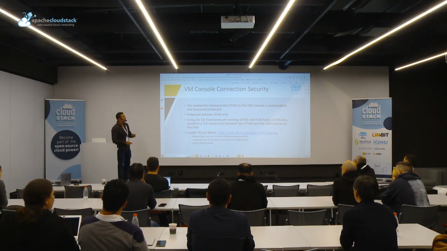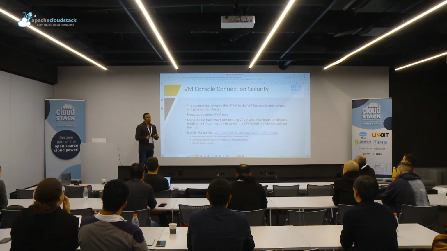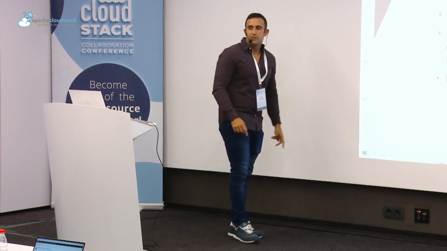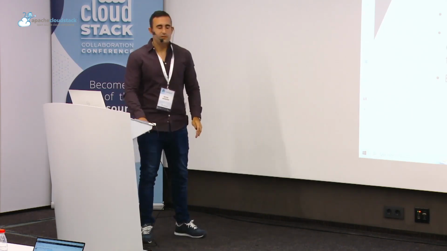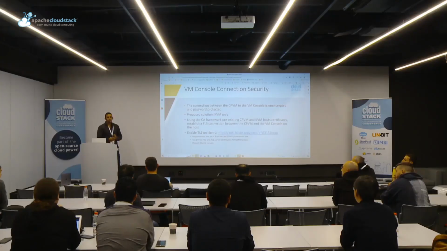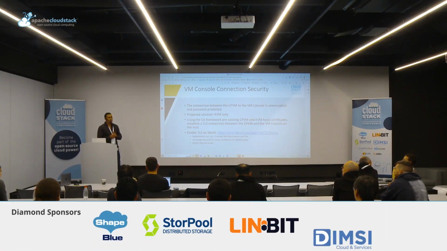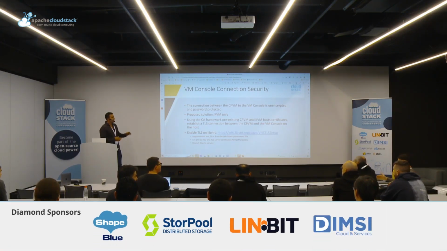And I'm not sure in that case if it is smart enough to know which one is running on which to pick the correct CPVM. I think it will. So yeah, I think they could handle that as long as you configure the KVM. Okay, thank you. Yeah.